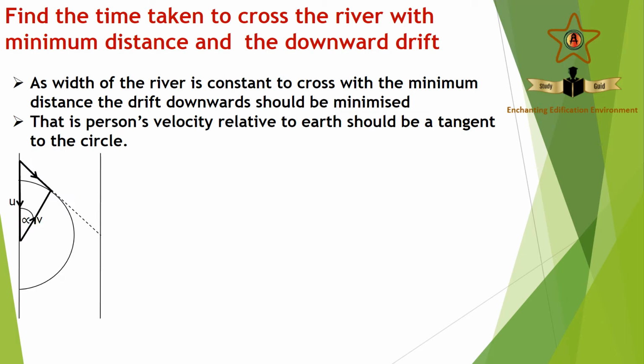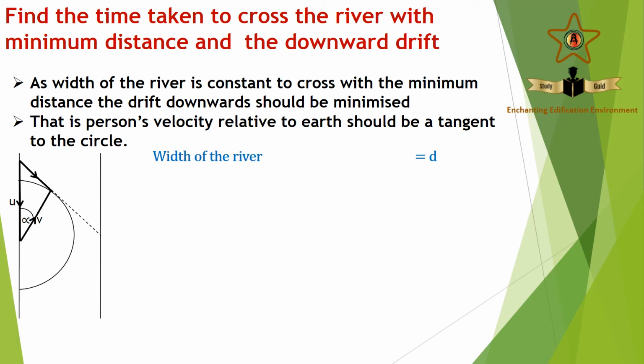This situation is drawn in the diagram. Now we can see all other chords drawn from the starting point are going to be larger than this tangent. So this tangent gives the minimum distance.